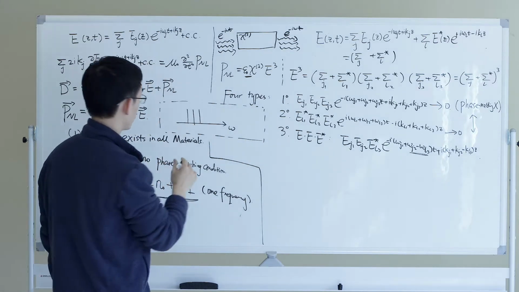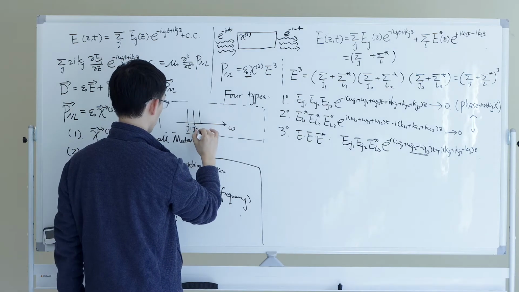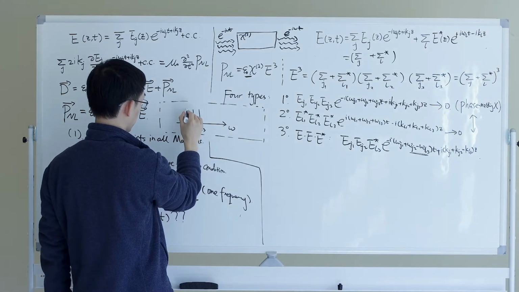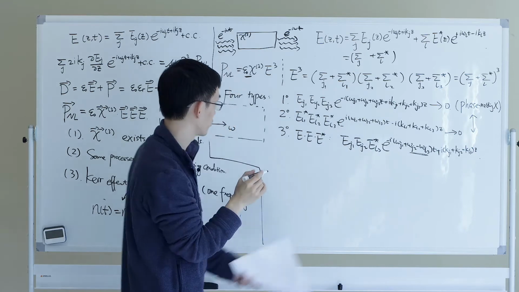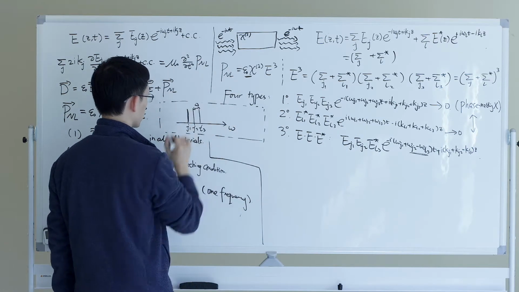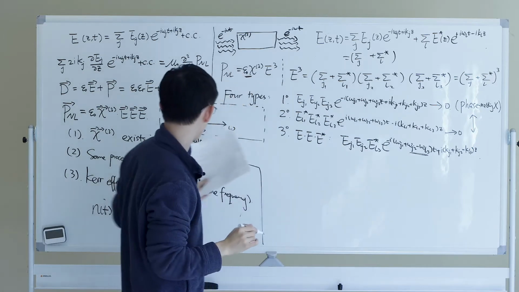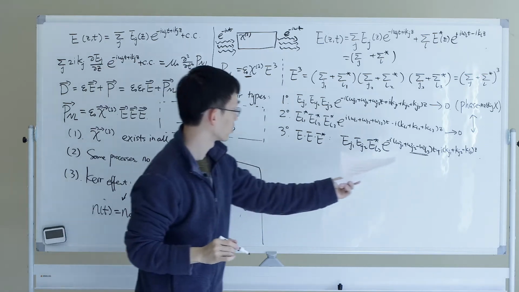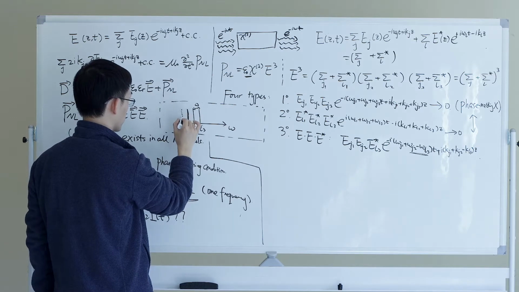So if this is J1, this is J2, this is L3, then what it does is that it will add the frequency difference between J2 and L3. And in this case, L3 is larger than J2, so this is a negative number, so it will generate a wave here.